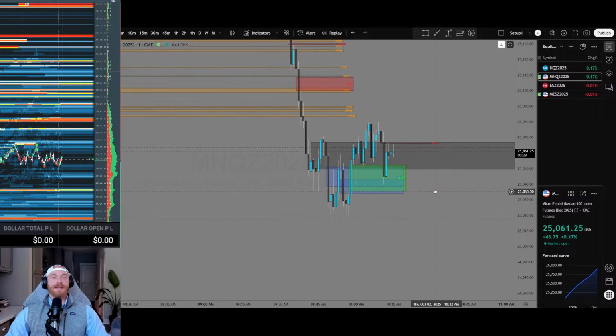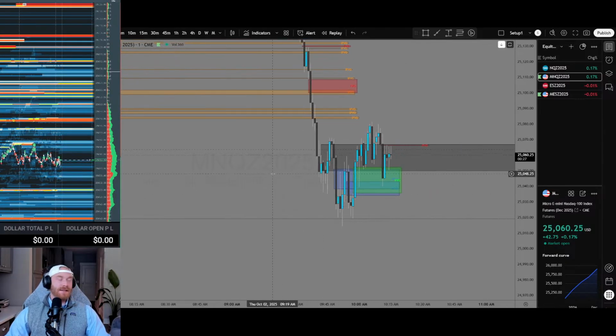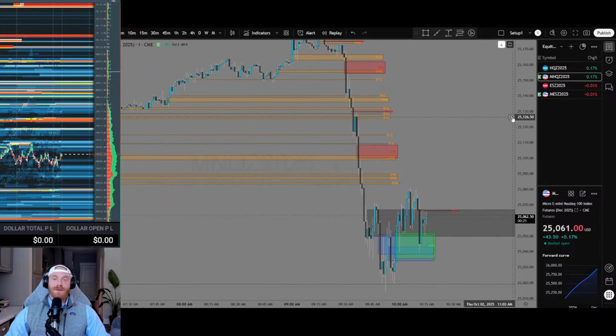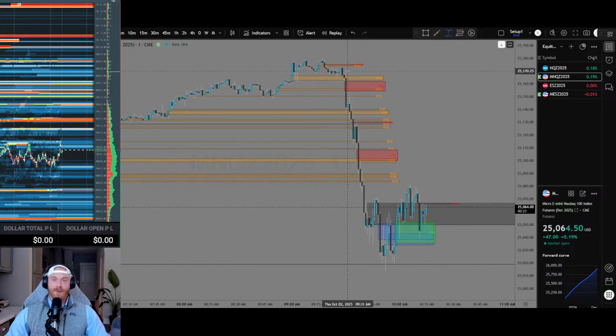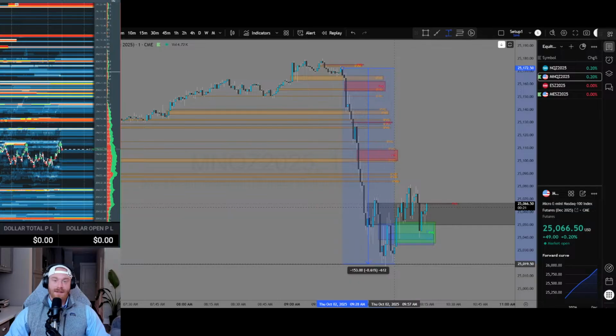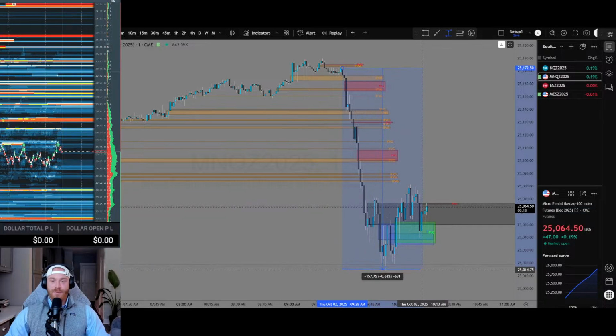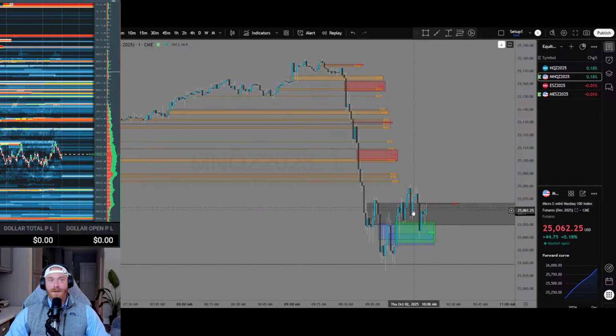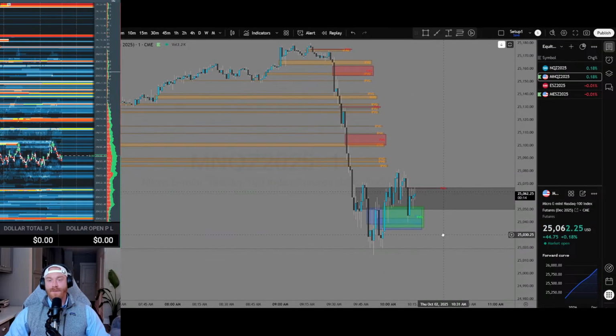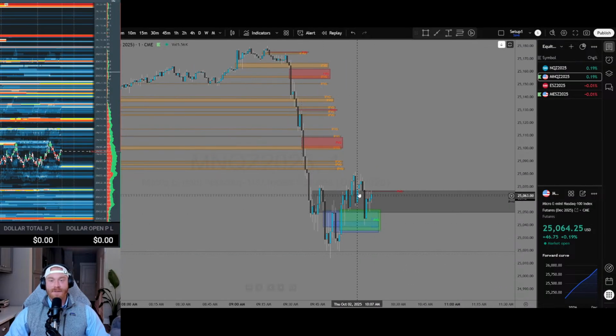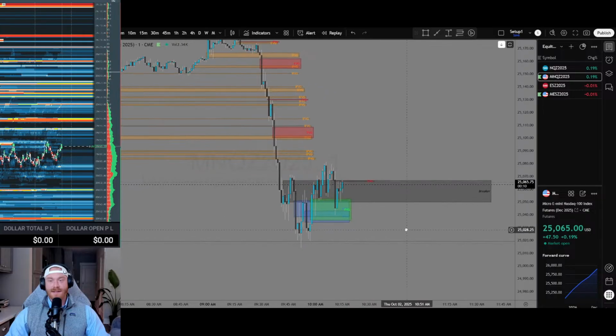I'm not looking to trade this, dude. I'm honestly not. We just dumped 200 points, basically, well, 158 points. And now we're consolidating. We had a move higher, now we push back down, and now we're consolidating inside this breaker.